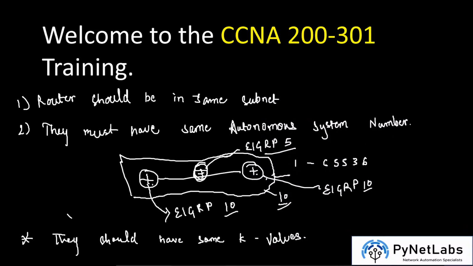Once all of these parameters or requirements are met, two routers can communicate, and they maintain some tables. The very first table we have is the neighbor table.